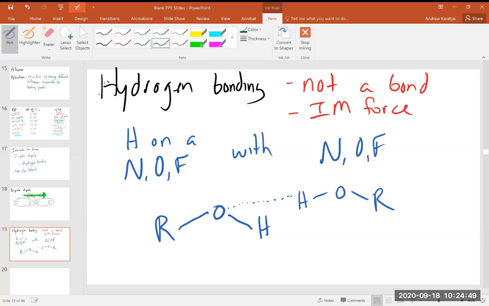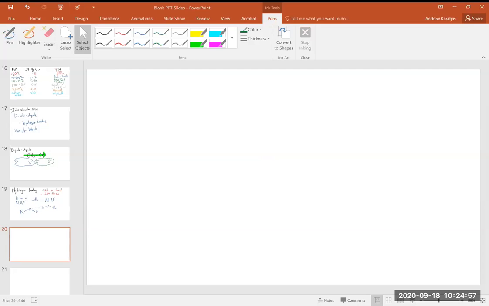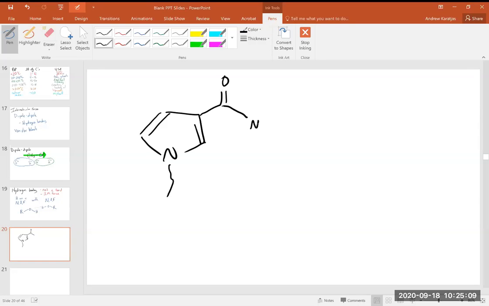Now, these types of intermolecular forces, such as hydrogen bonding, are also extremely crucial biologically. And that squiggly line coming off the nitrogen, all I mean there is the molecule keeps going.